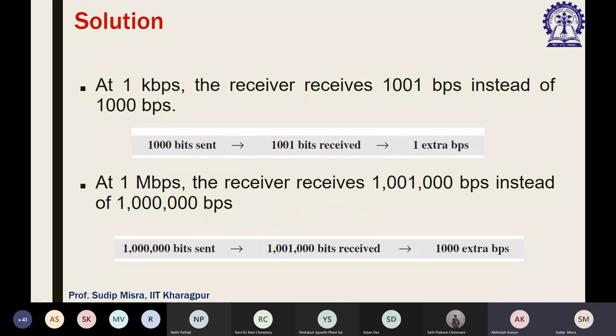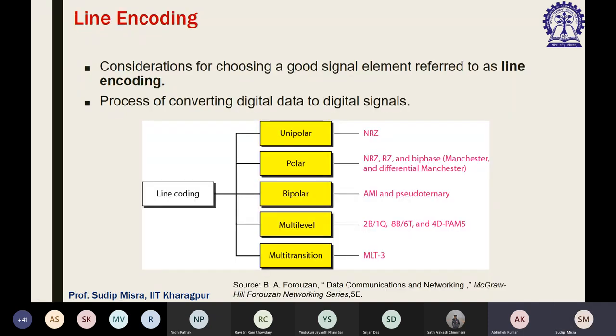Now let us get into what I was telling you. You now have the background, you know what the bit rate is, what the baud rate is. Let us now try to understand how this digital data can be sent from the sender to the receiver. For this, you need to do something called line encoding.